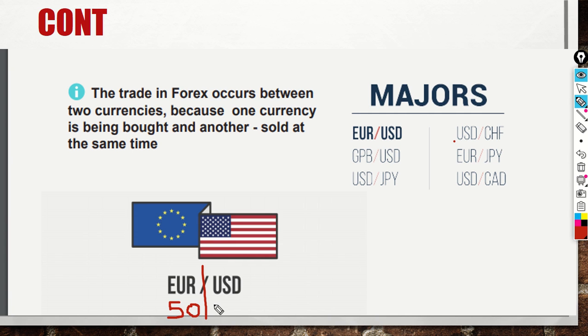You can use euros, but let's pretend we are in this situation. I have my 50 euros. I need the United States dollars to go to USA to buy something. So for this 50 euro that I have, it will be worth something like 70 US dollars.